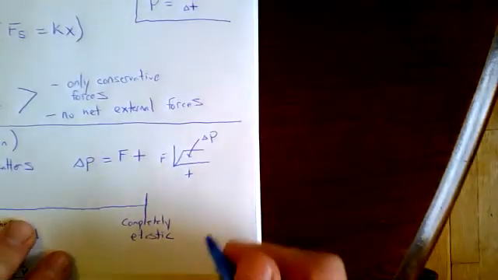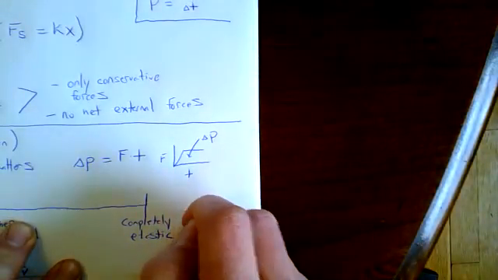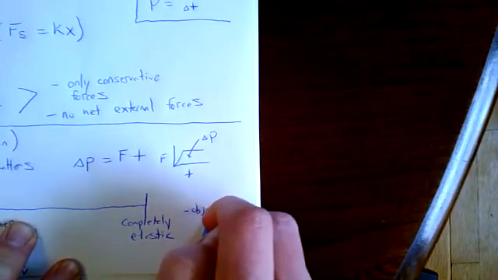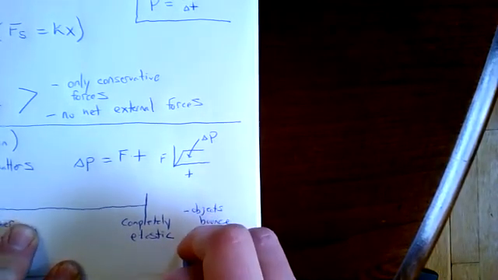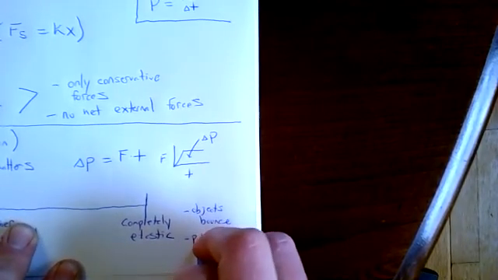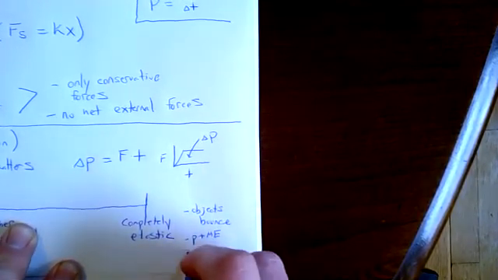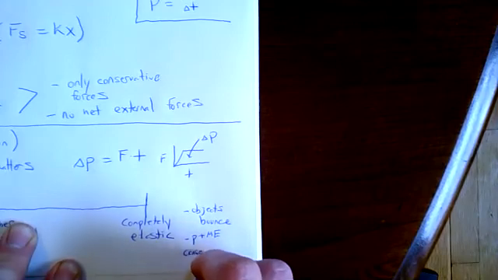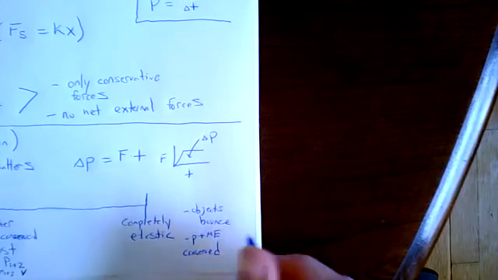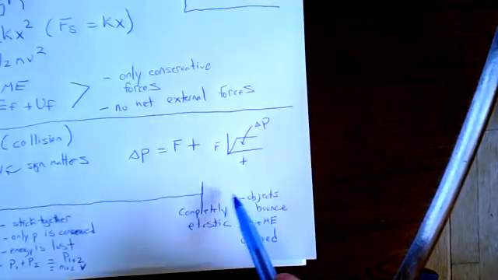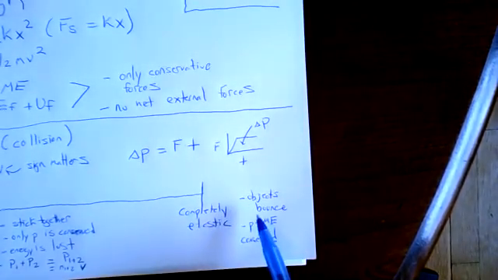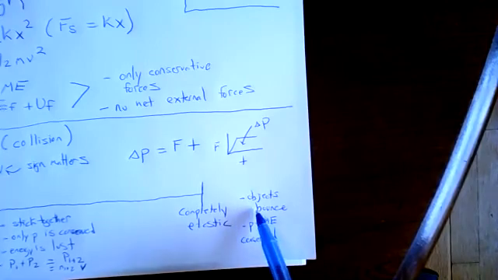Then over here you have completely elastic collisions, where your objects bounce and where momentum and mechanical energy are conserved. These actually aren't really realistic collisions in the macroscopic world. They do happen within the atom, but besides that, they don't happen.